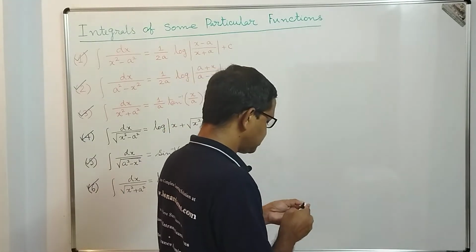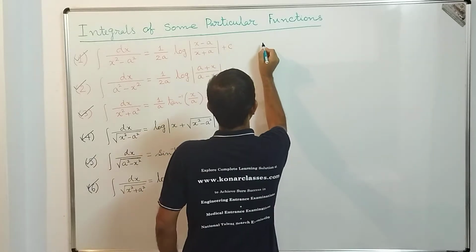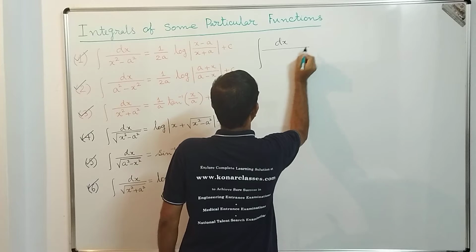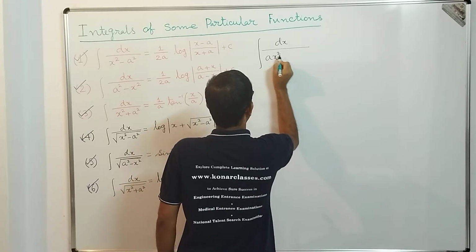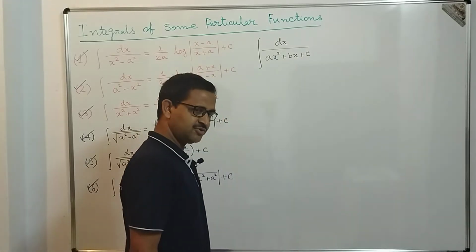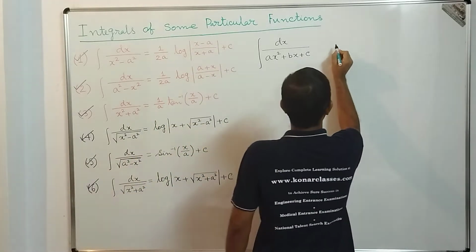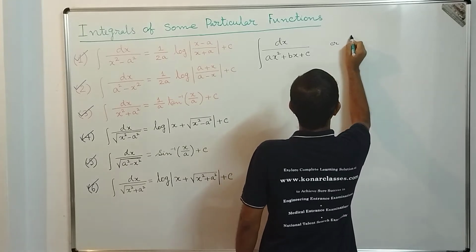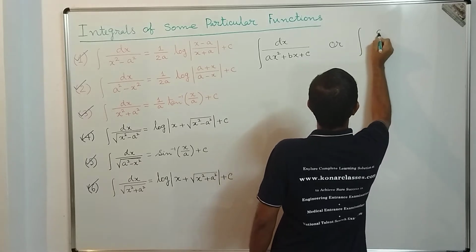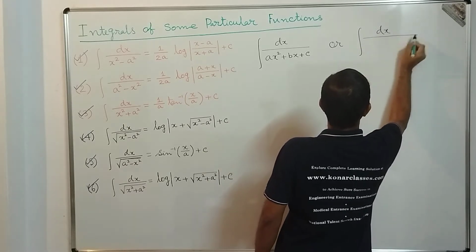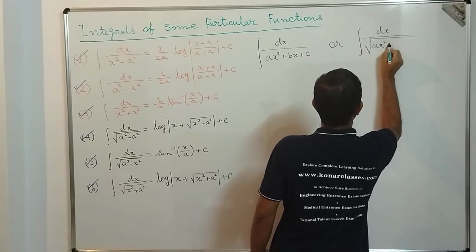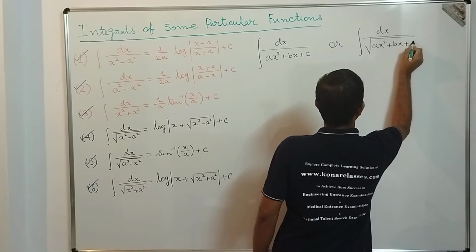The two types of function we are going to discuss today are integration of dx divided by ax square plus bx plus c, which is a quadratic expression, and the form of integration dx by square root of ax square plus bx plus c.